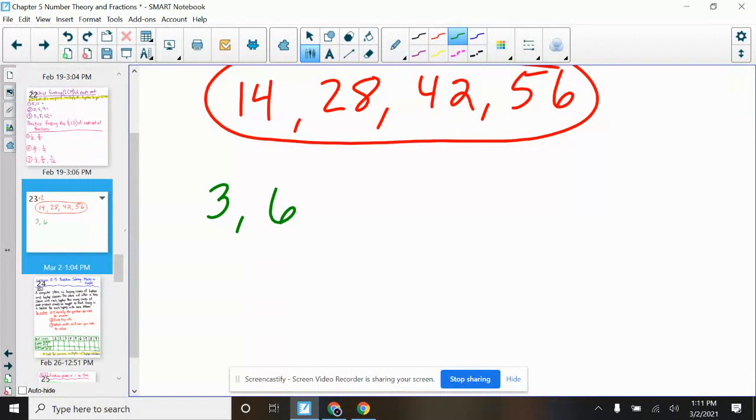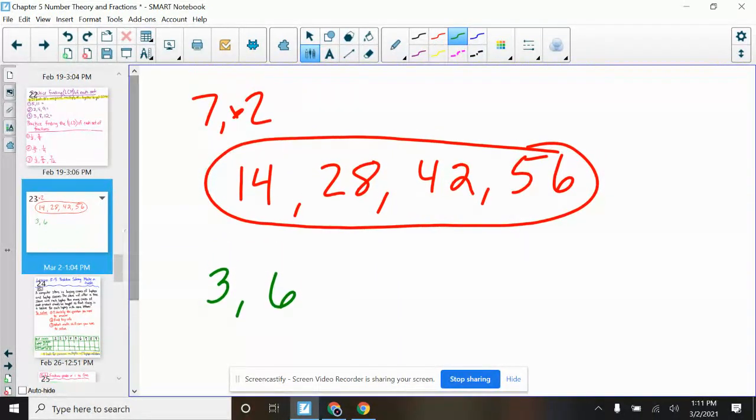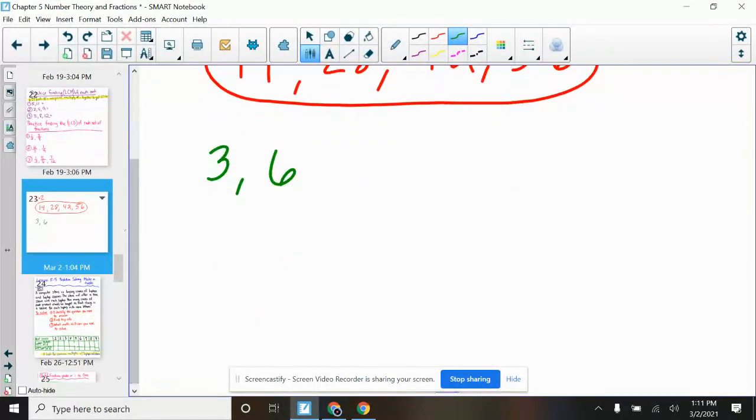No. Since they're not both prime, can we do the shortcut that we did up above? No, we cannot. The only time that shortcut works is if every single number is prime. And down here in this little green section, one of these guys is composite.